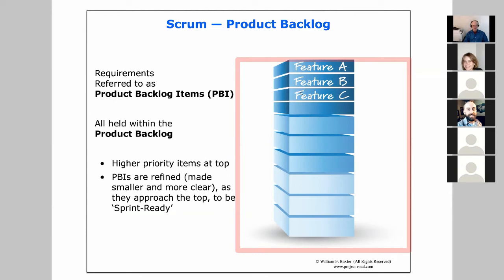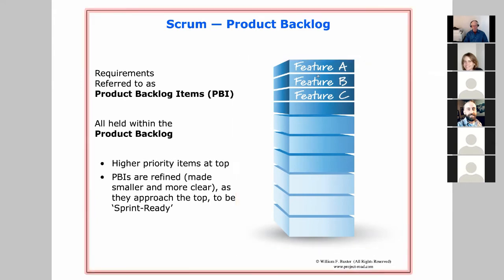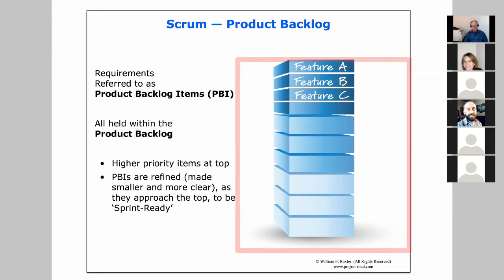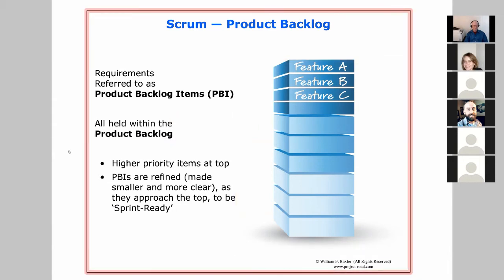So as we do sprints, we'll pick off 3 to 5 or whatever user stories from the top that are ready for the next sprint. And then others will get reprioritized and refined and made smaller and more clear as they approach the top. So they're becoming more and more sprint ready as they approach the top.